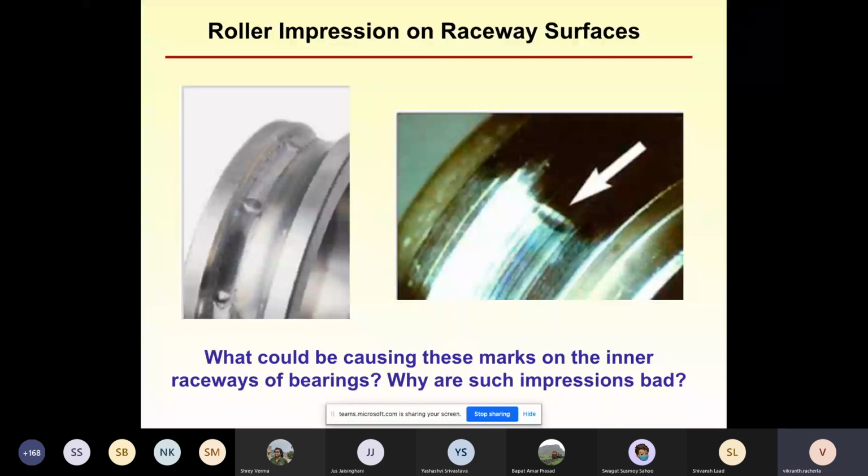Sorry, my mistake. This hub motor is a good example. And also if you take freely rotating wheels in automobiles, cars, let's take modern day cars.